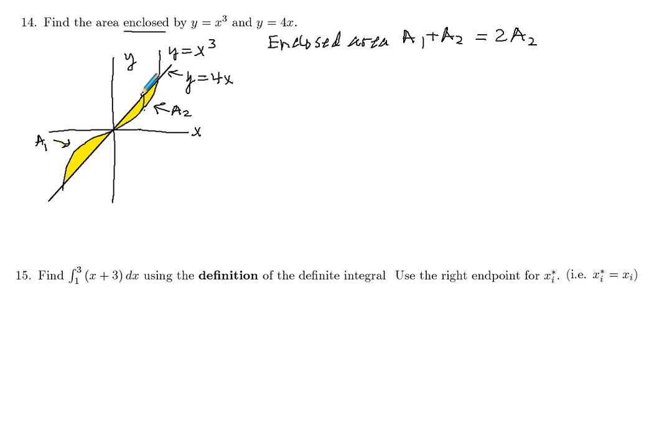If you draw a vertical segment like that, you see the top of your segment touches 4x, the bottom touches x cubed. So area 2 is going to be the integral of the top function minus the bottom, from the intersection points. So actually we've got to find those intersection points first.